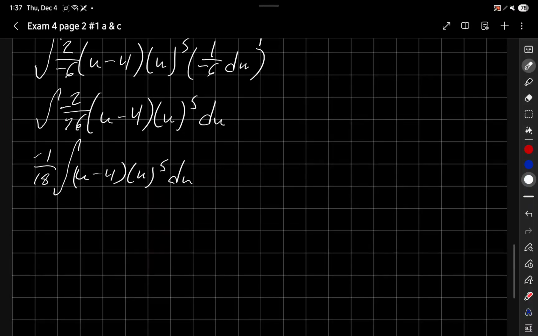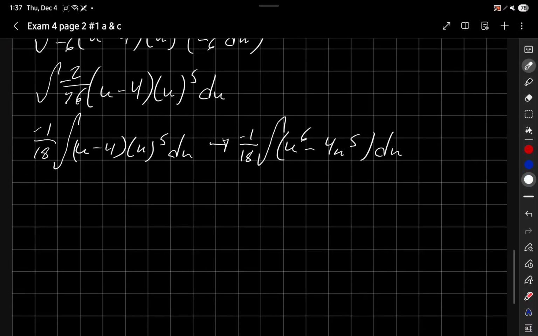Now here, like I said before, we're just going to distribute this, and that is going to give us negative 1 over 18 times the integral of u to the 6th minus 4u to the 5th du. Now this is a lot easier to integrate, just using the inverse power rule.